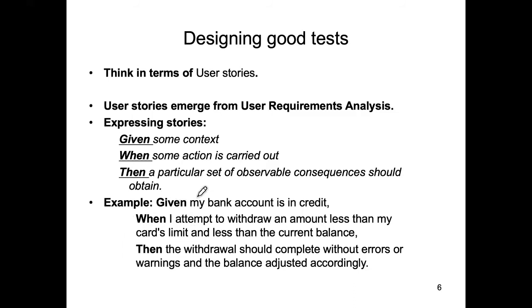Like if I was to say the starting point is given my bank account is in credit, when I attempt to withdraw an amount greater than my credit limit and my bank account has that amount in it, then what should happen? Well, you go back to the bank themselves and say, how do you want the application to behave in that case? Another scenario would be when I want to withdraw an amount less than my credit limit, but greater than my current balance. Back to the bank and say, how do you want it to behave?